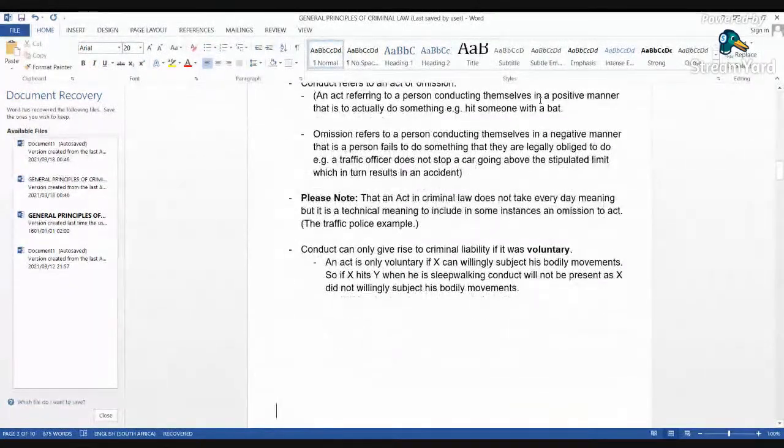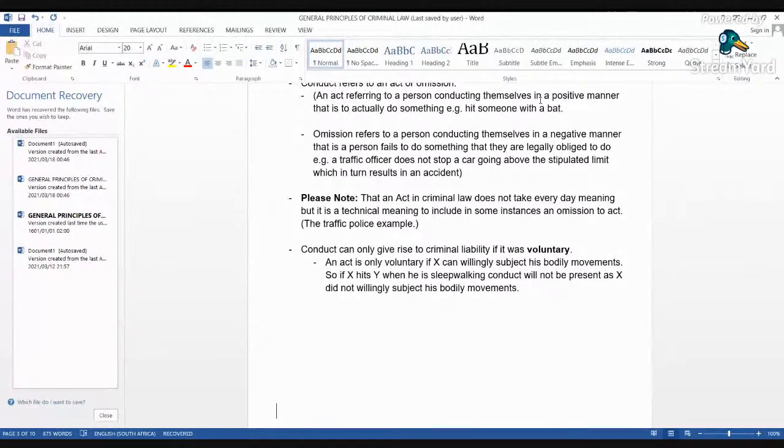So an act in criminal law is only an act when it's voluntary. That means a person is able to willfully and intentionally subject his bodily movements to his intellect. That means a person is well aware of what they are doing. So if a person acts involuntarily, that is not regarded as an act.